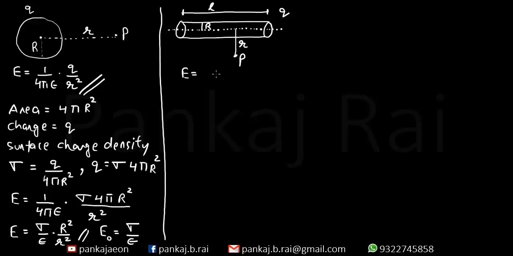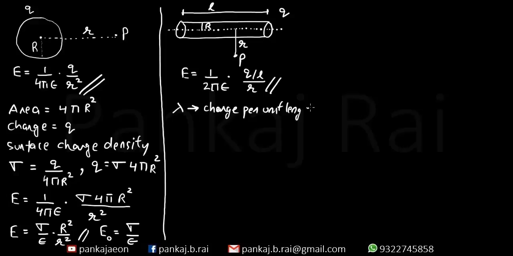So it is given by 1 by 2 pi epsilon into q by L upon r. Okay, now what is this q by L? You can think q is charge and L is length, so q by L is charge per unit length. That is called lambda, which is charge per unit length.